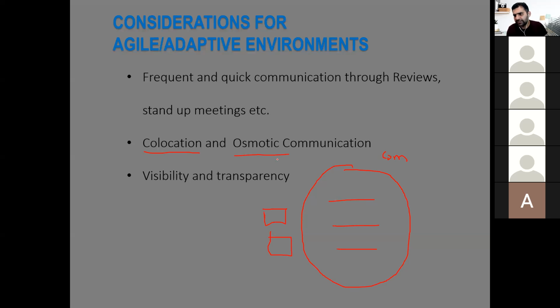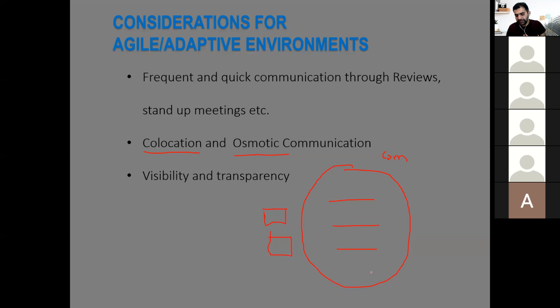Anybody, what does it mean, osmotic communication? Any comment? Yes, Tanya? That's right. Just the flow of information backward and forward or in between members. Yes, it is a type of interactive communication, but osmotic communication is something where even if you are not communicating with your colleagues, you are still learning from their talks, from their communication, because you are sitting in the same room.